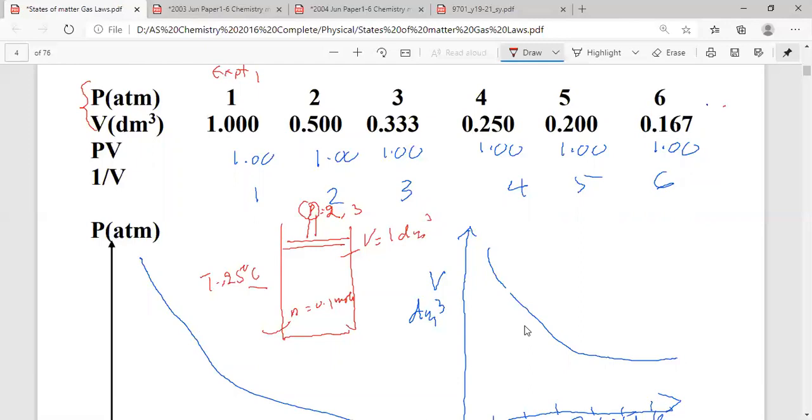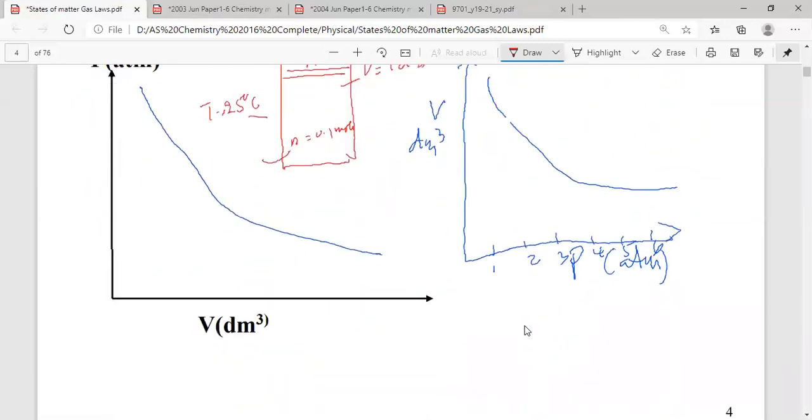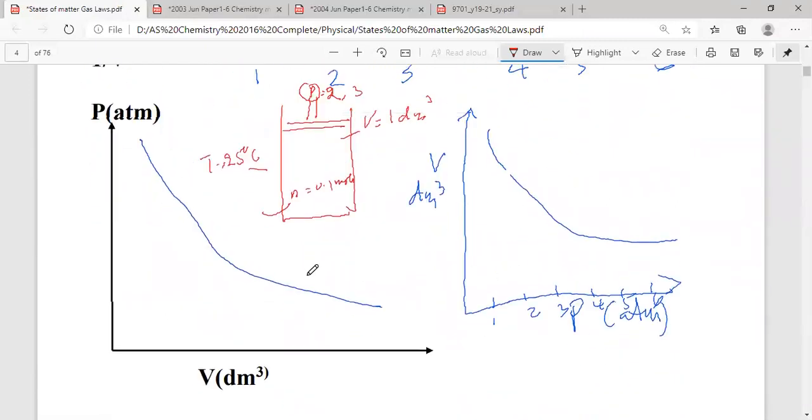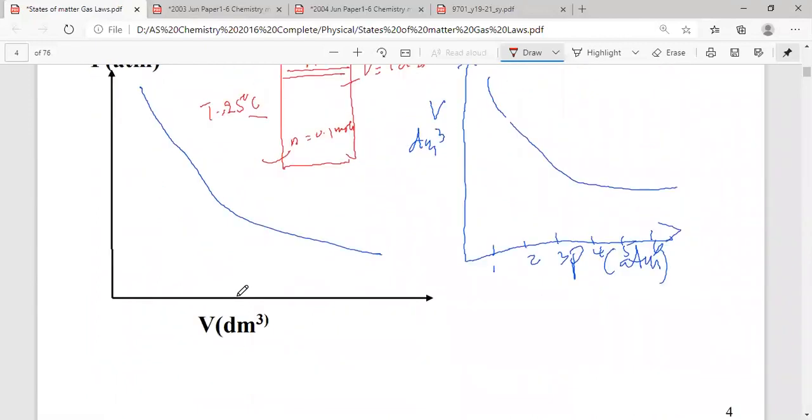Now he first plots the graph of V against P. Some books plot P against V, don't care. This is the x-axis, the one you are changing, and this is the responding one, the result. When P is 1, the volume is 1. When P is 2, the volume is 0.5. P is 3 and so forth.